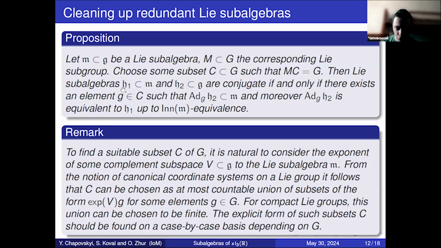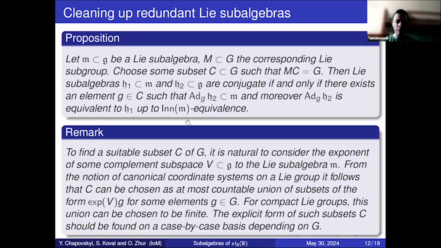Then, a Lie subalgebra H1 inside M and any Lie subalgebra H2 are conjugate if and only if there exists an element g in this complementary subset C such that the corresponding adjoint operator maps H2 inside M, and moreover, this image is equivalent to H1 inside M. In this way, we can perform this verification in 2 steps.